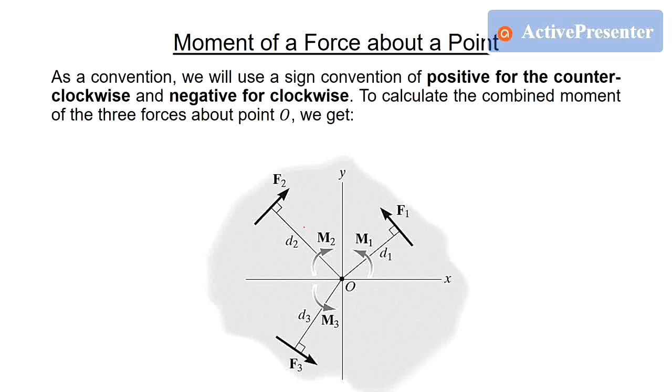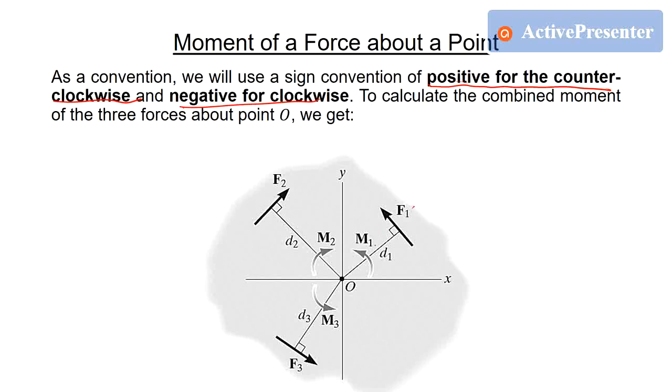We need a certain sign convention to have a distinct sign for both counterclockwise and clockwise directions. The common sign convention is positive for counterclockwise and negative for clockwise.